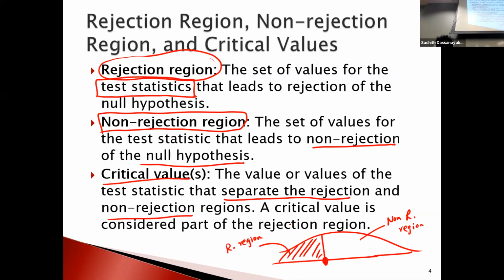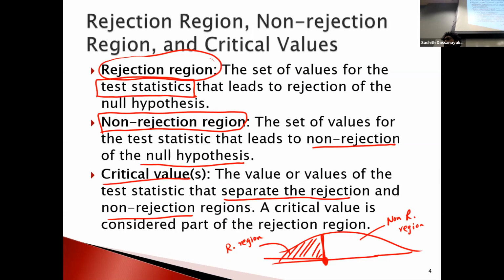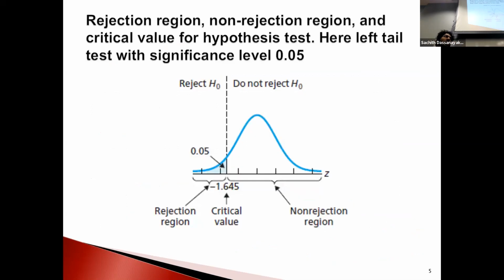So this line or this value also belongs to the rejection region. Rejection region means including that critical value. Clear? This is what you should know, then you can take your decisions. The other thing you should know is how to calculate it.